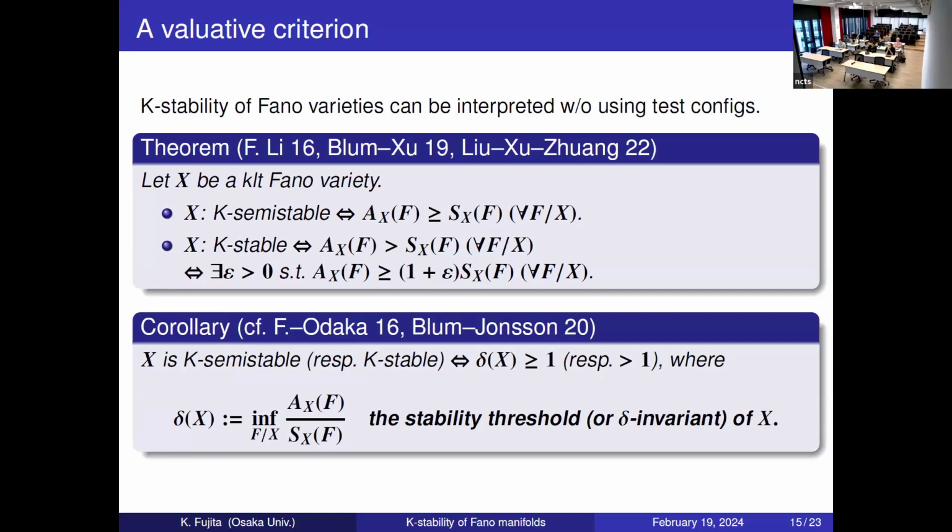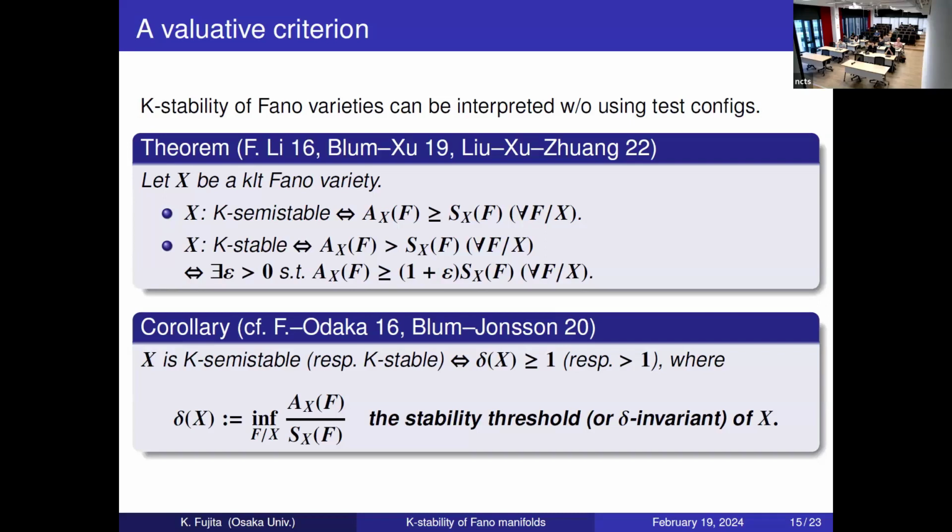So many people want to decrease the number of F. For example, today I did not prepare it, but I showed that we only need to check F of PLT blow-up type.